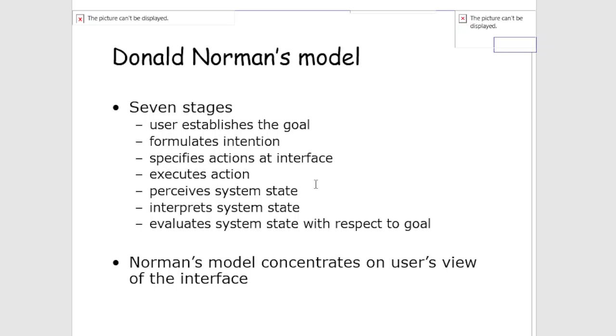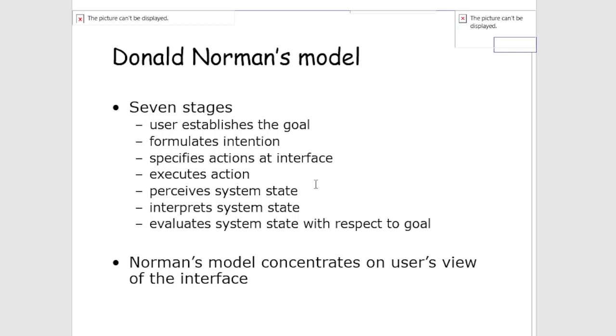In the beginning, the user establishes the goal. Each stage is of course an activity that the user will perform. So first the user forms a goal. This is the user's notion of what needs to be done and is framed in terms of the domain in the task language. After establishing the goal, we formulate the intention. What should we do? After intention, we should specify actions at the interface.